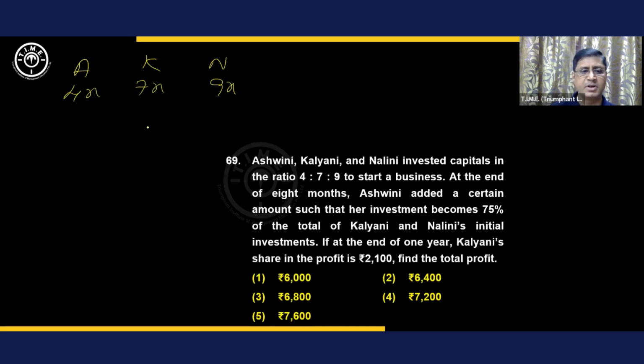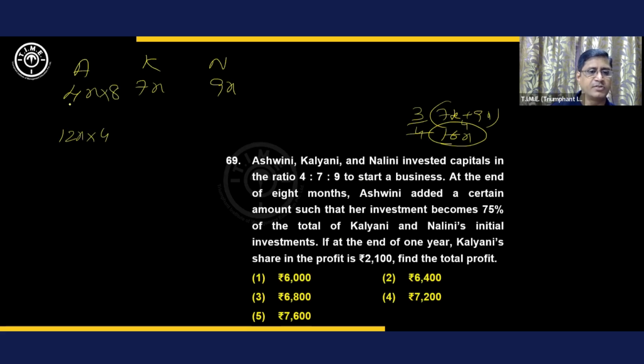At the end of 8 months, Ashwini added a certain amount such that her investment becomes 75% of the total of Kalyani and Nalini. Kalyani and Nalini means 7x plus 9x, that is 16x. So 75% of 16x, 75% is 3 by 4. What is 3 by 4 of 16? Here it is 12. So 12x for the remaining period.